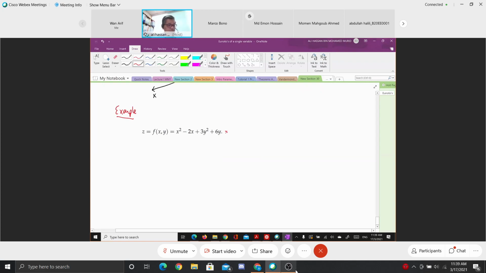Yes, we have rewritten this equation as z equal to x minus 1 squared plus 3 times y plus 1 squared minus 4, isn't it? We did that yesterday.